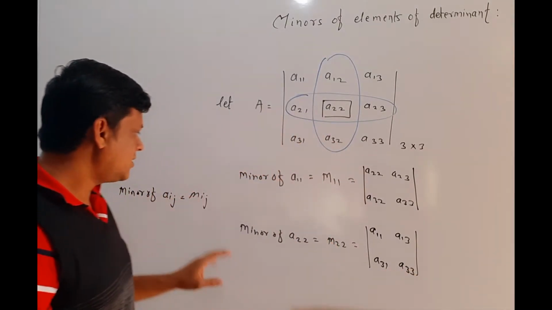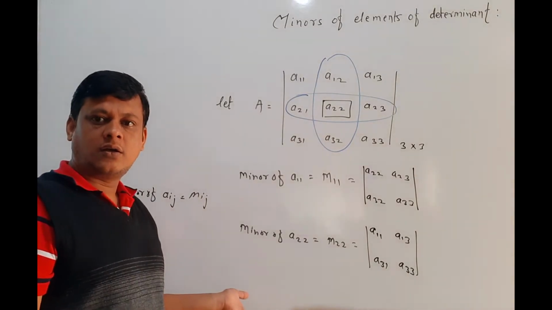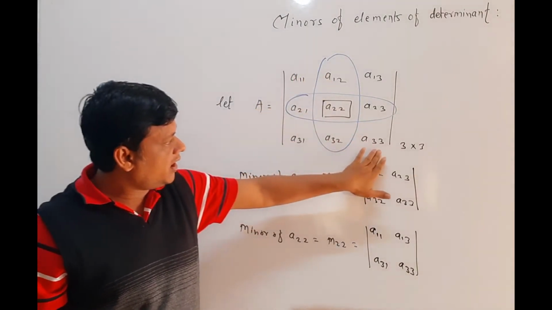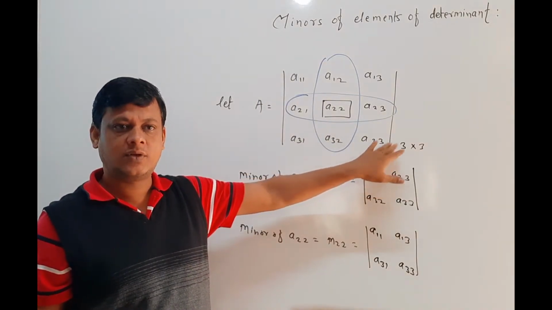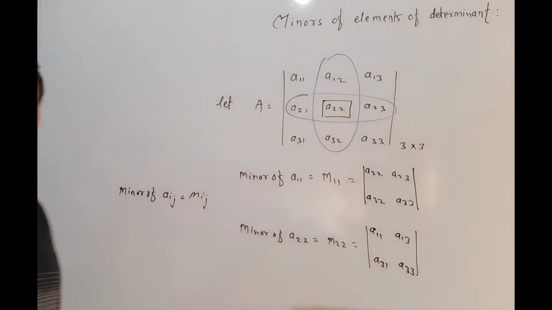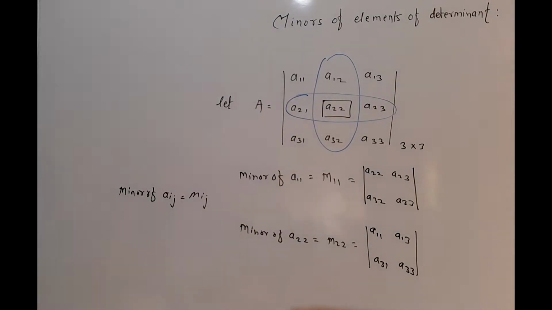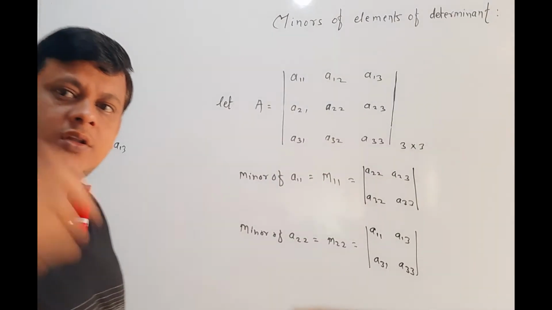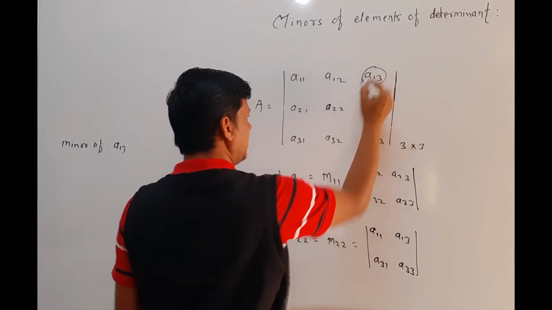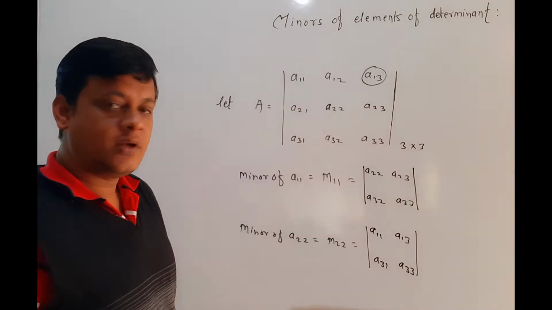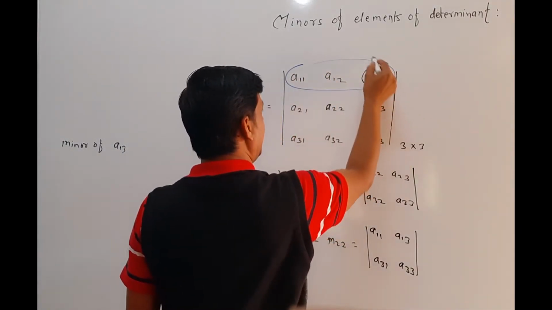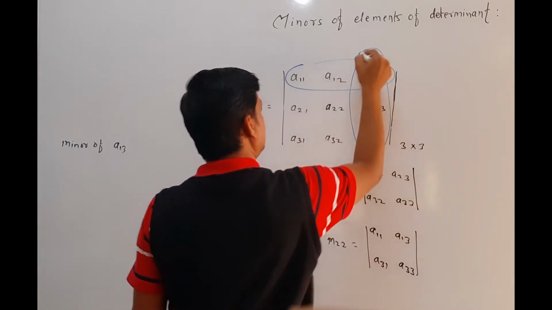So from this you can find any element's minor. So see here how to find the minor of a13. Now this a13 lies in the first row and the third column.